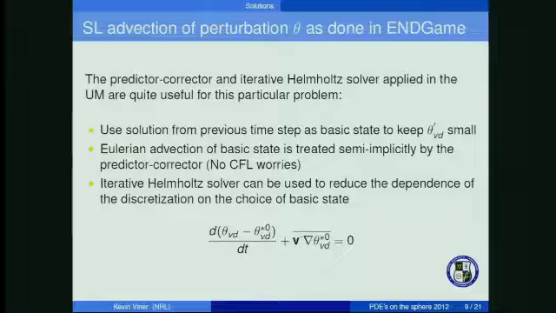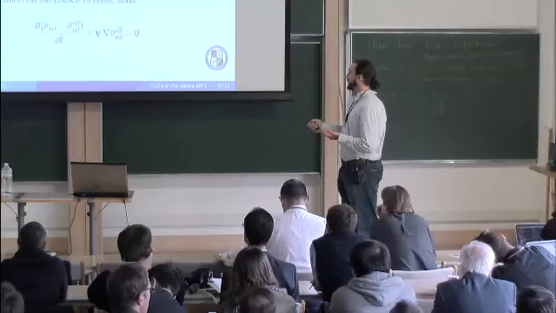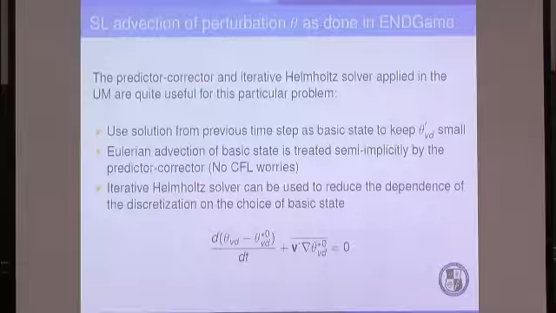You remove some basic state, so this is your new total derivative that you treat in a semi-Lagrangian sense. Then you advect the basic state using an Eulerian scheme. They can do that semi-implicitly because of this predictor-corrector method without worrying about CFL conditions. Also, they found a way through the iterative Helmholtz solver to reduce the dependence of the discretization on the choice of basic state. That worked out really well for them, and I've seen some great results.